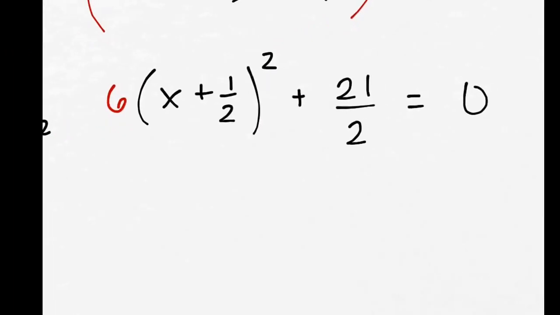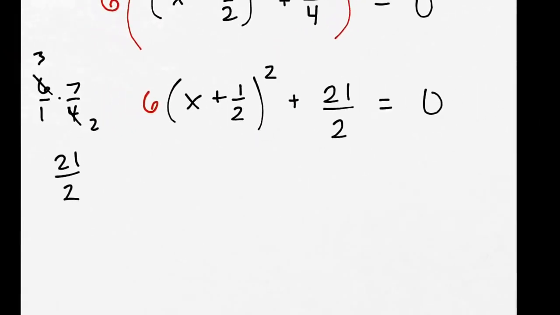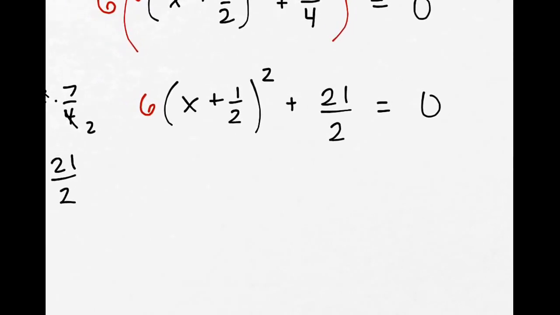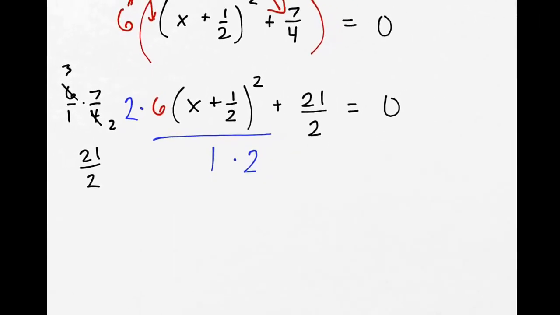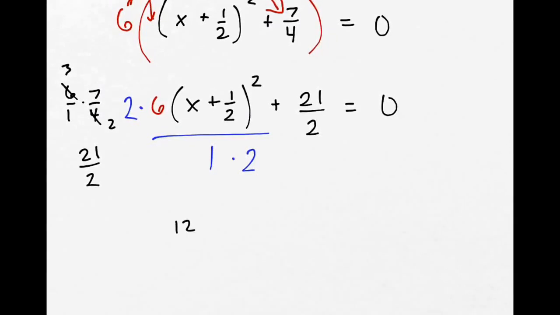In fact, I could get rid of the fractions, but I'm not going to. Should I get rid of, I feel like, okay, yeah, let's get rid of the fractions. I'm adding and subtracting fractions, so what do I do? I get a common denominator. Same steps as before. So I'll times this by 2 and this by 2. It's not super hard. So I get actually a 12 on the outside. x plus 1/2.